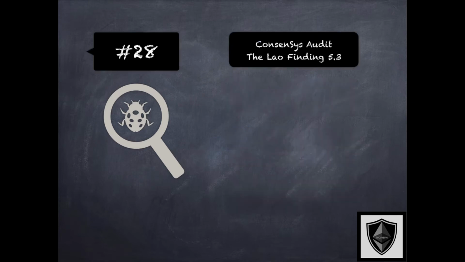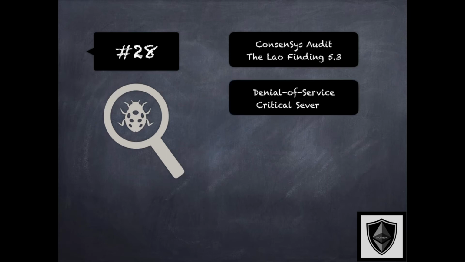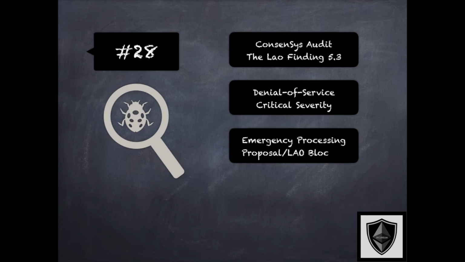28 is another finding from Consensys Diligence audit of the LAO protocol, where it was another critical severity finding, again related to denial of service. The specific issue here was that emergency processing could be blocked. The rationale for emergency processing mechanism was that there was a chance that some token transfers may be blocked, and in such a scenario, emergency processing would help by not transferring tribute tokens back to the user and rejecting the proposal.